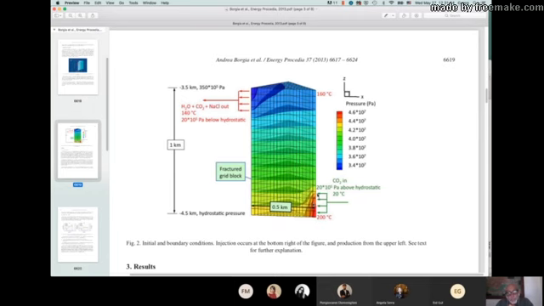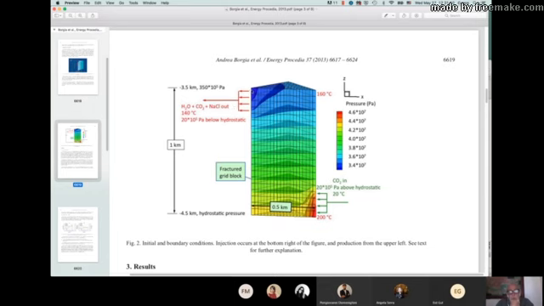So with a tiny little bit of pressure, and you extract heat from the top left, you try to extract heat at 140 degrees centigrade with 2 megapascal pressure below hydrostatic.